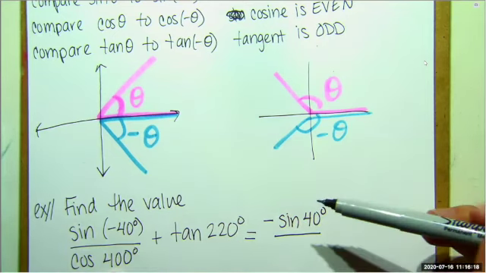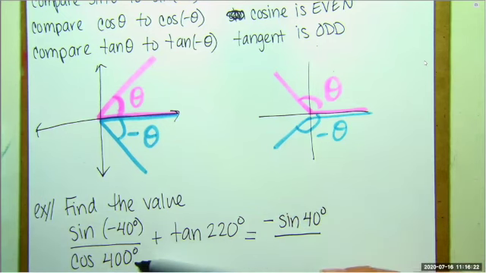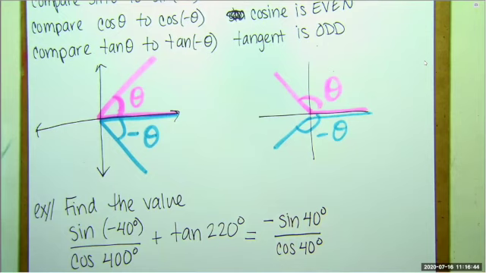Now my goal is to get this angle to be the same. We know that cosine is periodic. Cosine and sine are both periodic with period of what? 2 pi or 360. So we can subtract off multiples of 360 or 2 pi here. So 400 minus 360 would give us 40. So cosine of 400 is equivalent to cosine of 40 using that periodic property.